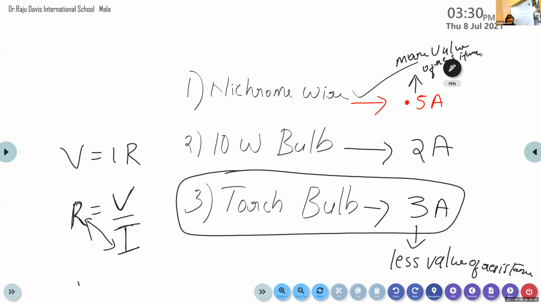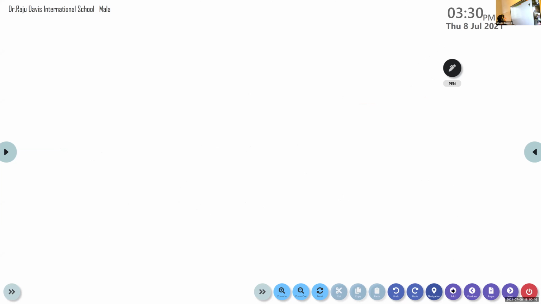So we are going to differentiate between conductors and insulators. Conductors and insulators. Write the next subheading, conductors. What do you mean by conductors?